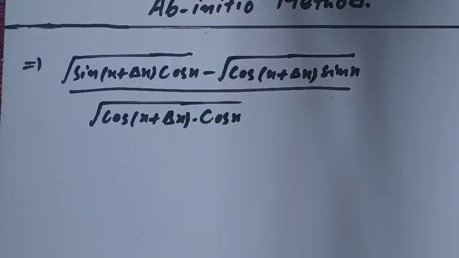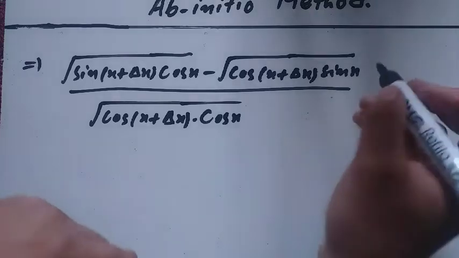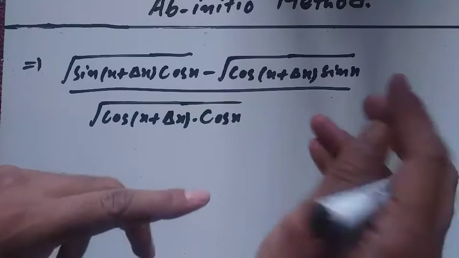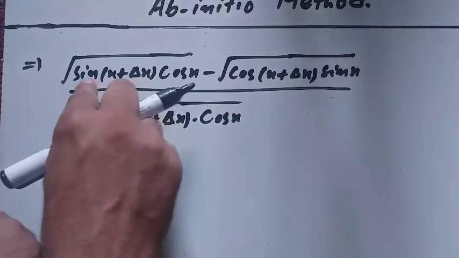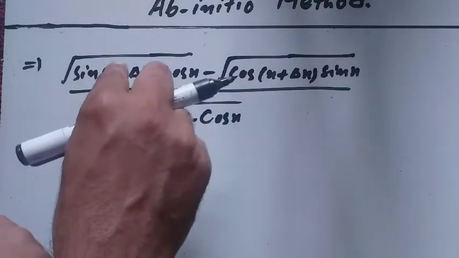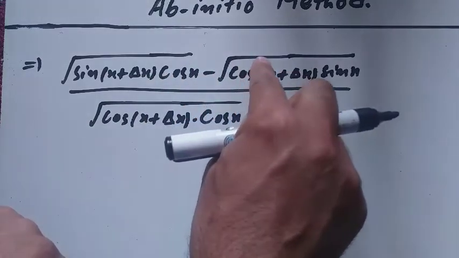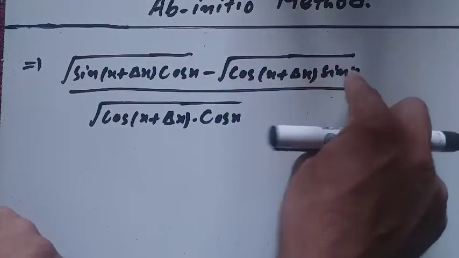Now what is next? Next we can multiply and divide numerator and denominator by under root of sine of x plus delta x cos x plus under root of cos x plus delta x sin x.